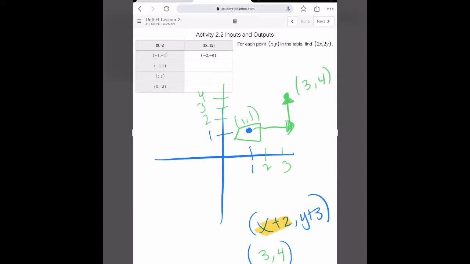Wait a minute, I've seen a 3 before. Yeah, that was here. So what kind of transformation happened to this original point? It just was a translation. It slid to the right 2, and it went up 3. That's a translation. We're just sliding.